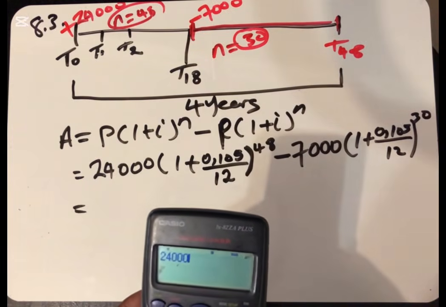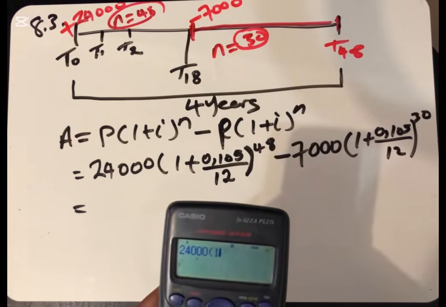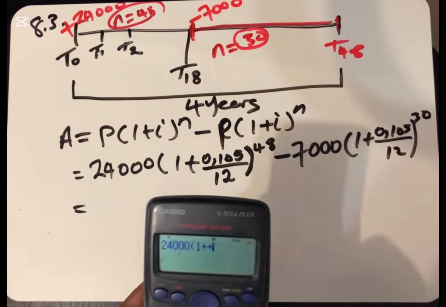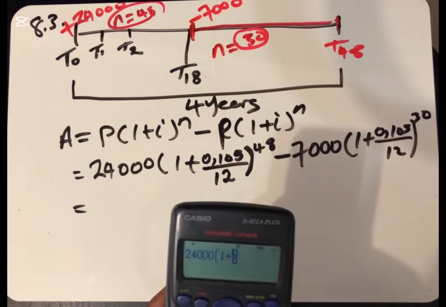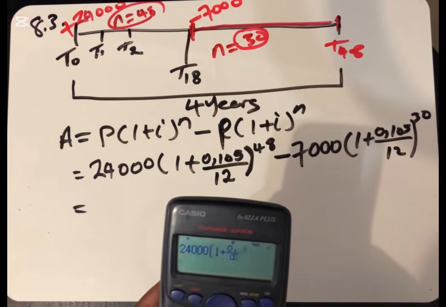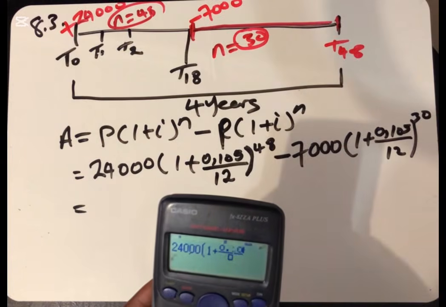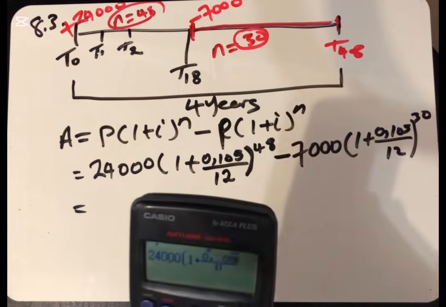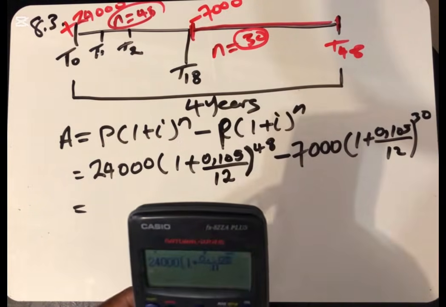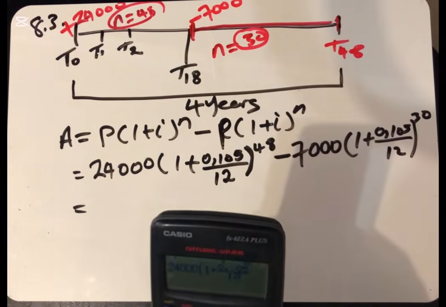24,000, open brackets, 1 plus 0.105 over 12.